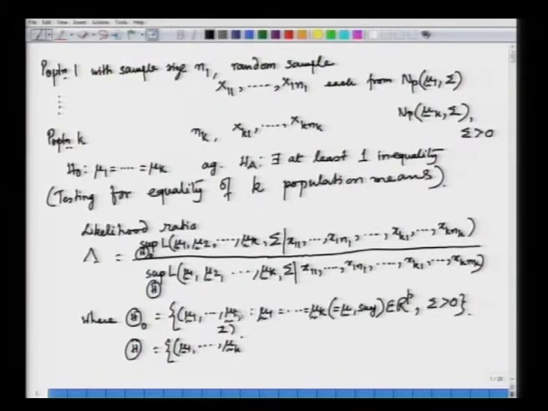Let us erase a bracket over here, and then we have the sigma such that we have mu1, no question of equality here. We have each of these mu1 to mu k each distinct belonging to Rp, and we have the positive definite variance covariance matrix. Next in question is the likelihood function.